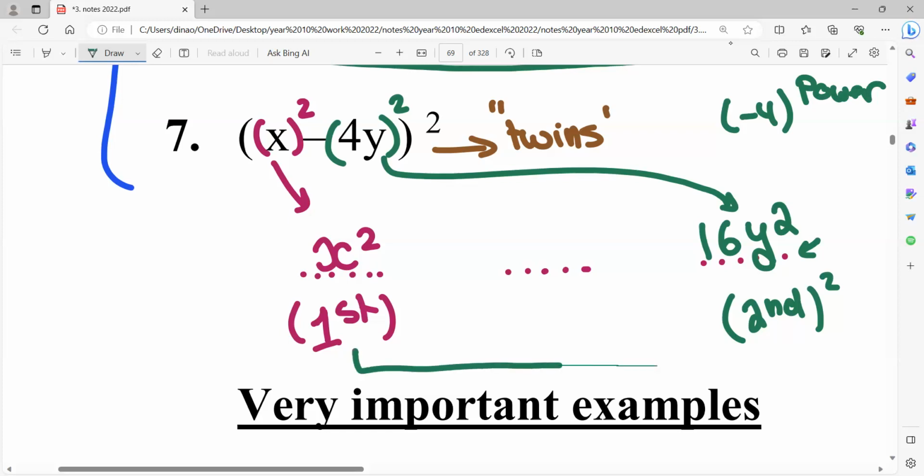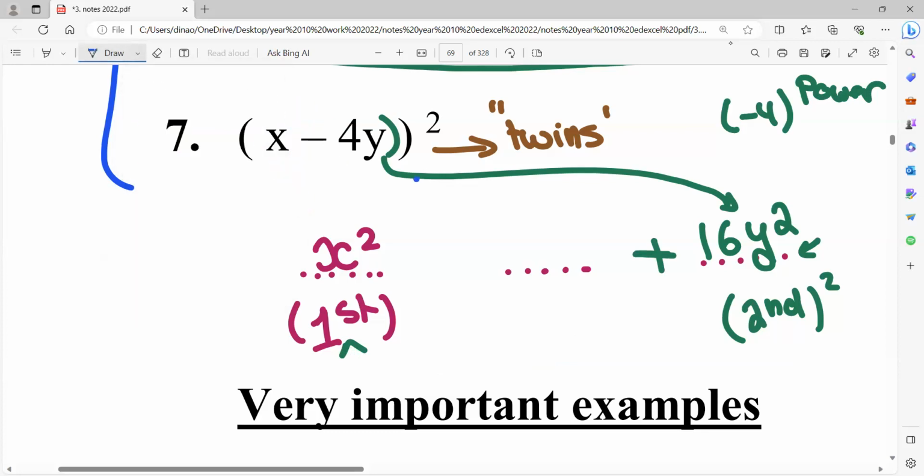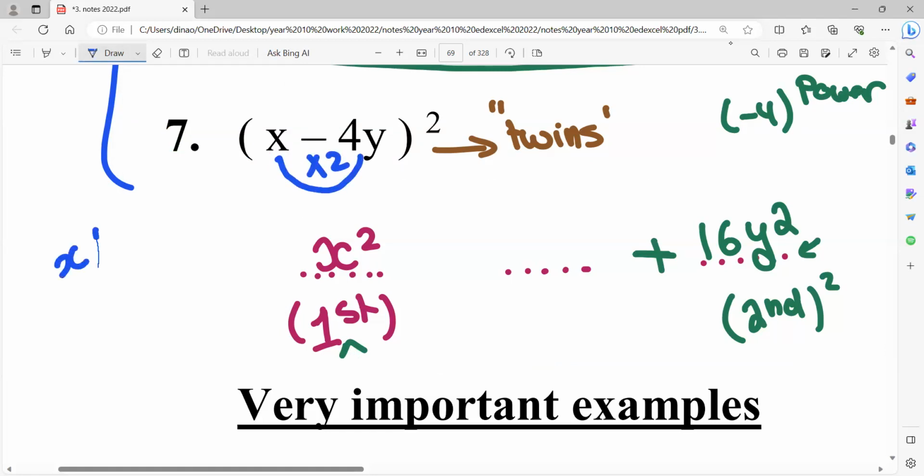Now, as we said earlier, the first term and the last term are always positive. Now, what remains is the middle term. How do I find the middle term? To find the middle term, guys, remember that we take the original items inside the bracket. So I will take x, multiply by negative 4y, multiply by 2.